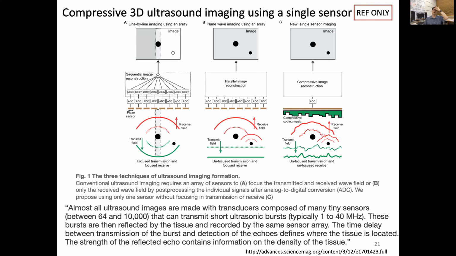At the end, I want to give you a recent update for 3D ultrasound imaging, even using a single sensor by use of so-called compressed sensing. Let's look at imaging by line.